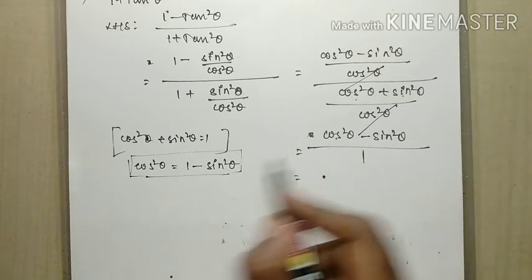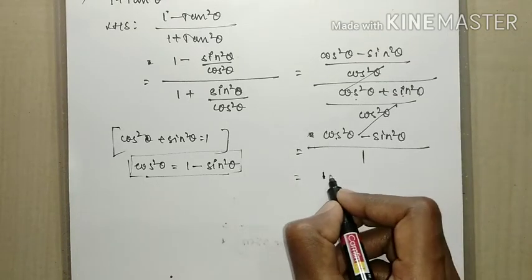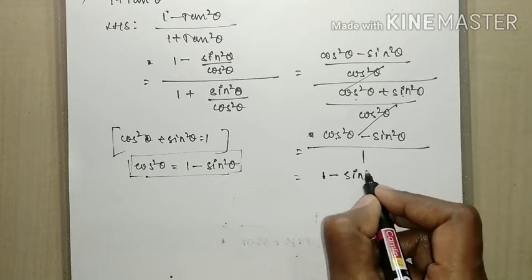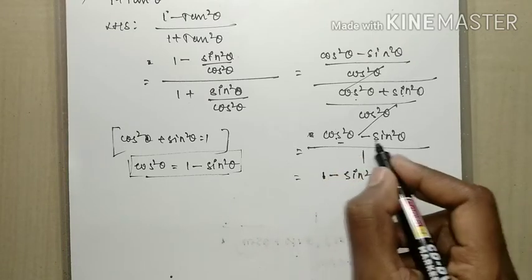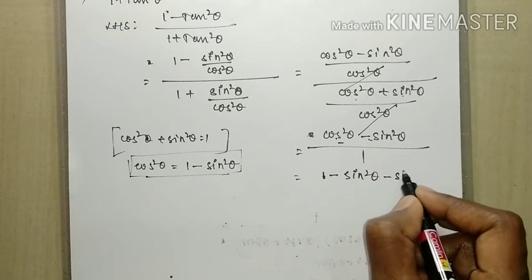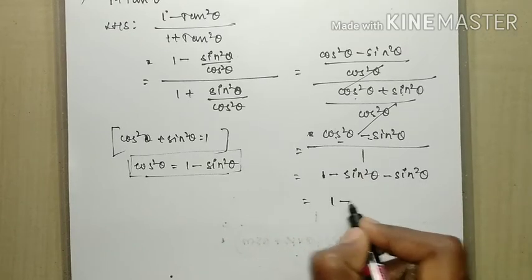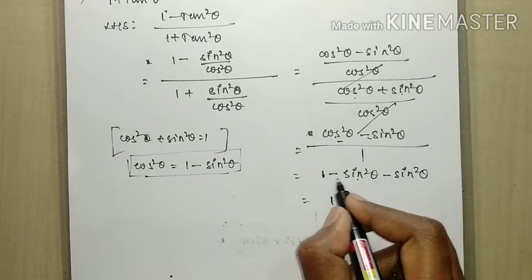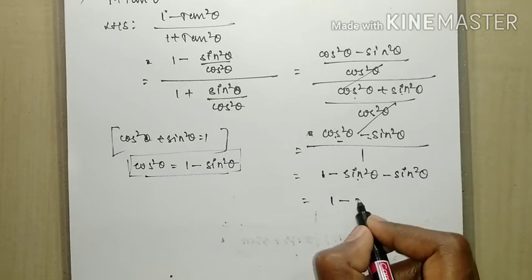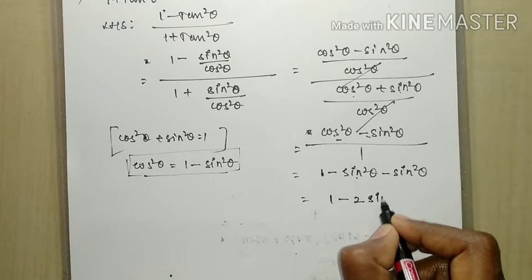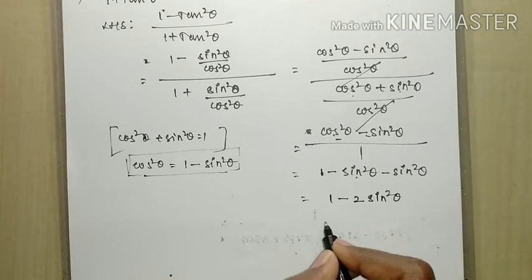Here we have cos square, so instead of cos square I can write 1 minus sin square theta, and the remaining minus sin square theta I write as it is. So now it becomes 1 minus sin square theta minus sin square theta, and minus sin square theta minus sin square theta is minus 2 sin square theta. So this is equal to the RHS.